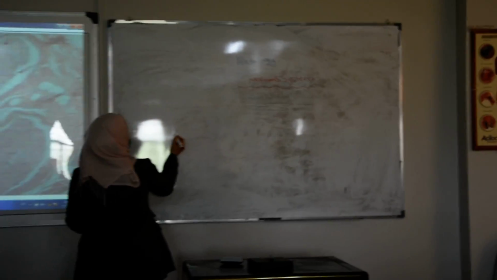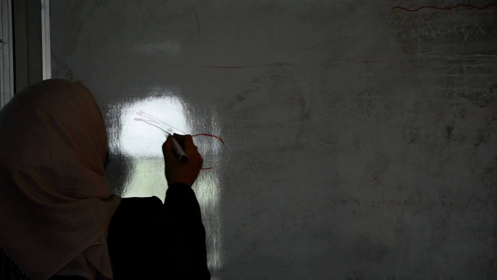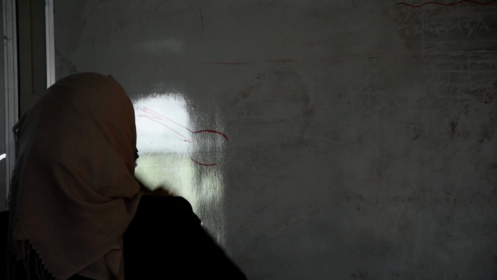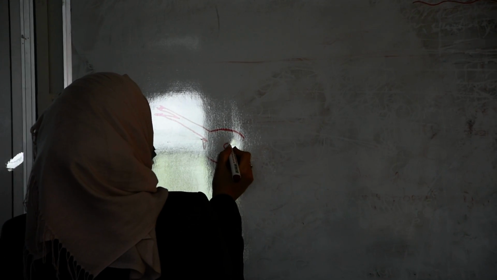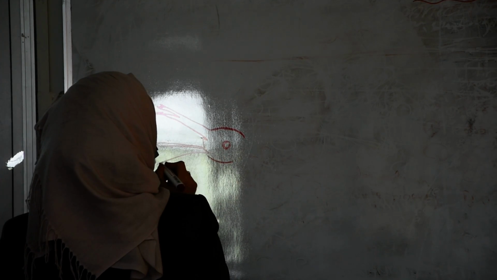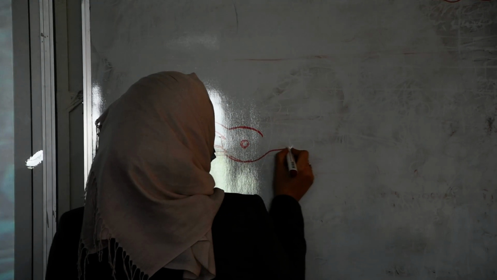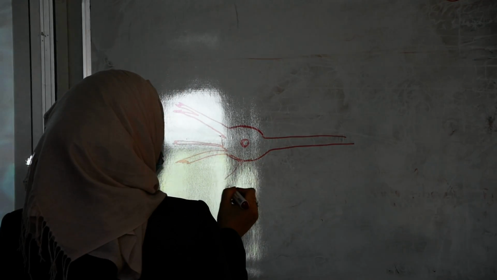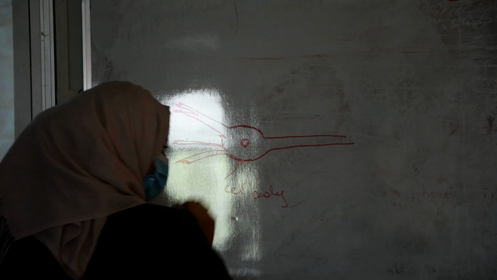Okay, I can draw it to explain it. These are a neuron. And this is the cell body of this neuron, also called the soma.